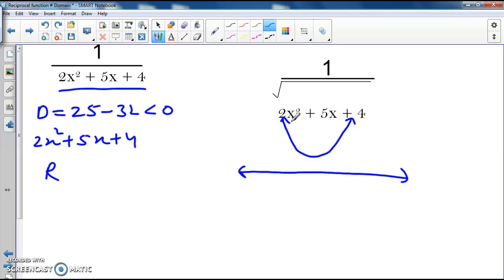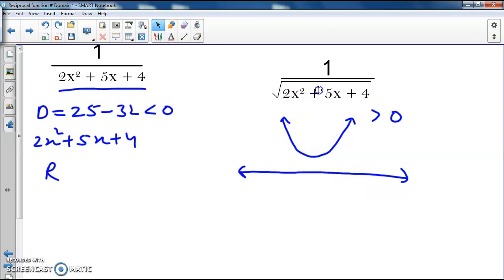This means that 2x squared plus 5x plus 4 is always greater than 0. Therefore, the domain of our original function is all real numbers.